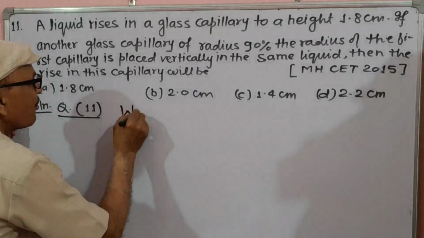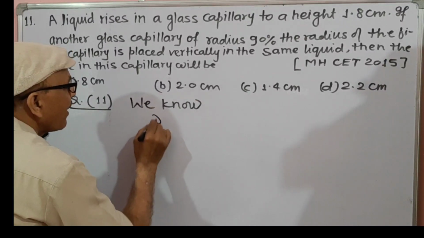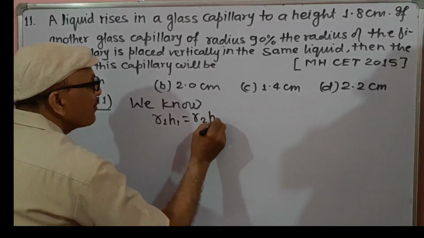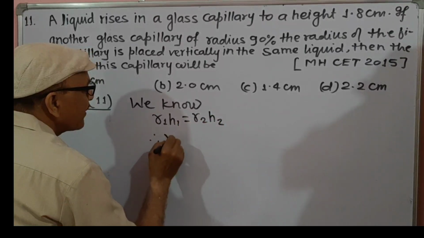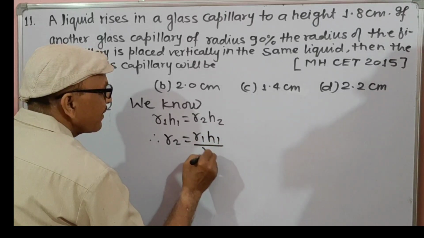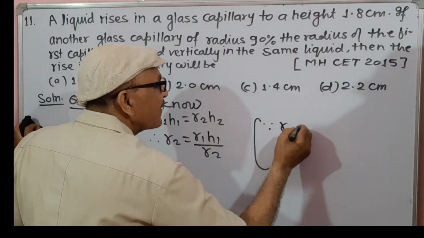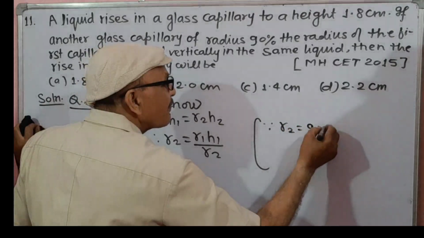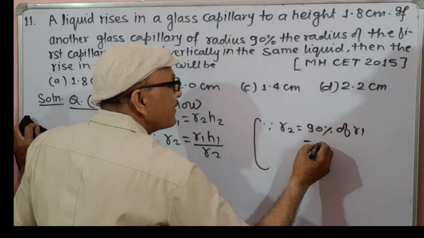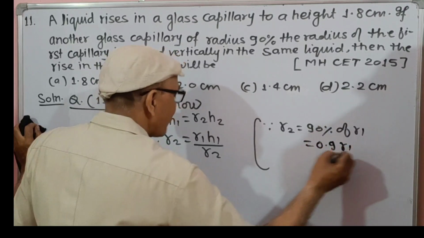We know R1 H1 is equal to R2 H2. Therefore, H2 will be equal to R1 H1 upon R2, because R2 is given to be 90% of R1, that is 90 upon 100 R1, that is 0.9 R1.